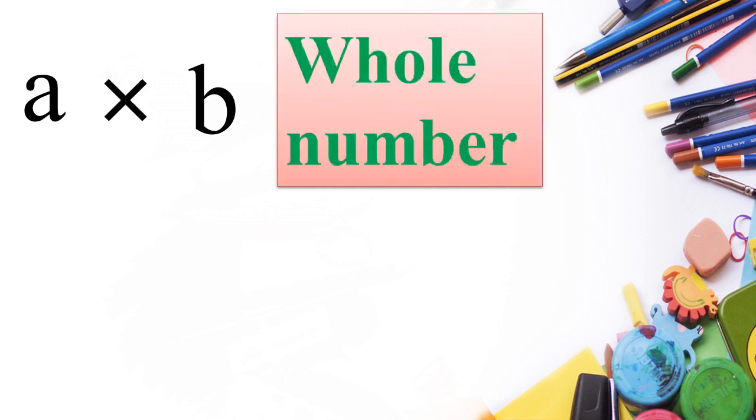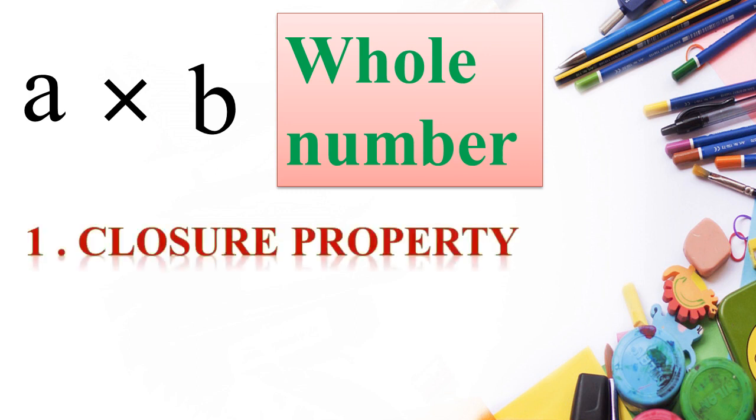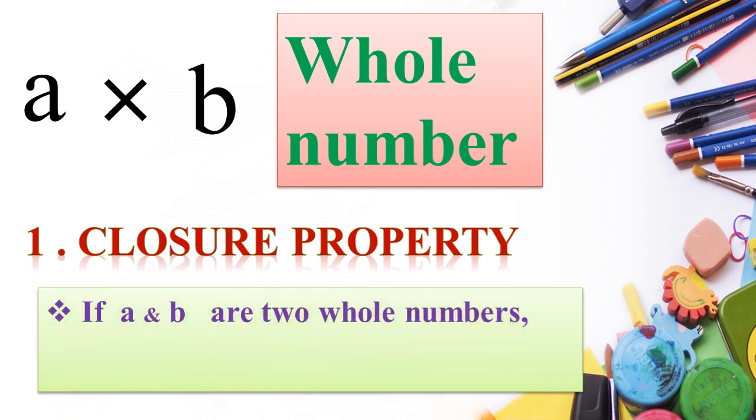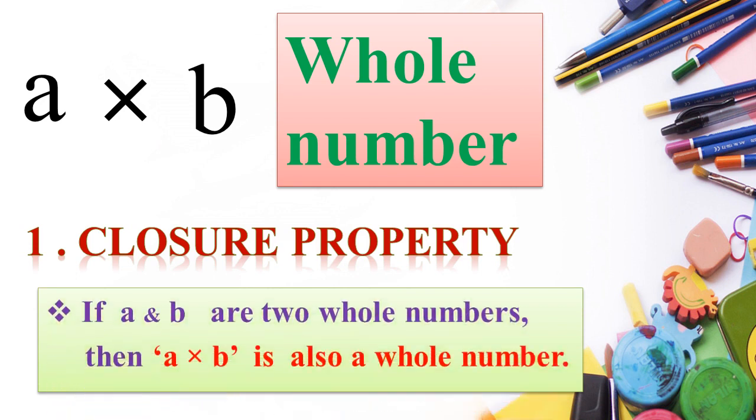That is, if A and B are two whole numbers, then the product is also a whole number. Therefore, we define the closure property as: if A and B are two whole numbers, then A into B is also a whole number.